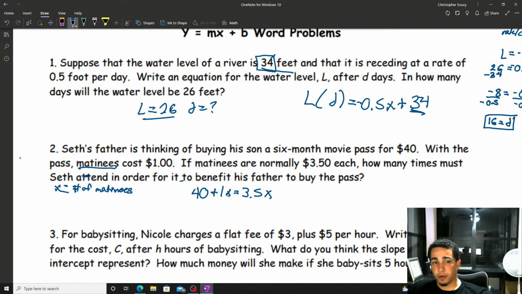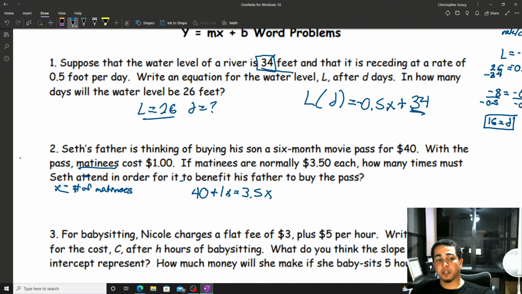So times X, 3.5 times X. And our goal is to get X by itself. What this is going to tell us is after how many matinees Seth will need to buy in order for both the 6-month pass and not having the 6-month pass to be equal.